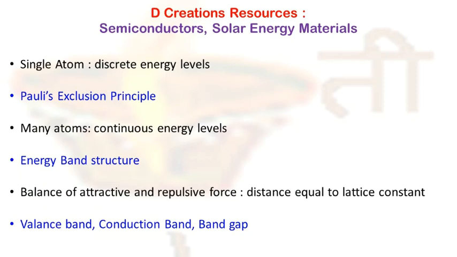So this particular gap will be called energy gap, or the more well-known name is band gap, and the way we write it, capital E small g, Eg. So of the two energy bands, the upper energy band we call it as conduction band, and lower energy band we call it as valence band, and band gap is the distance between conduction band and valence band.